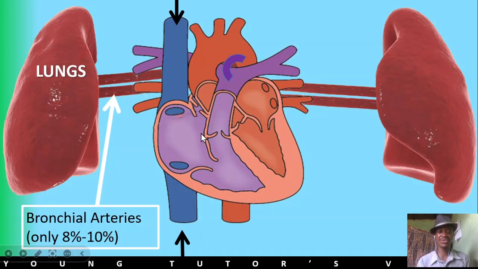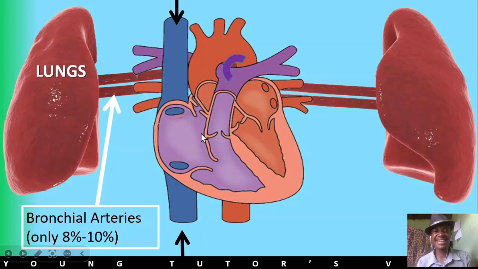So the bronchial arteries only accept 8 to 10% of the blood that flows in the descending thoracic aorta, because I have said that there is vasoconstriction, what we call hypoxic vasoconstriction.